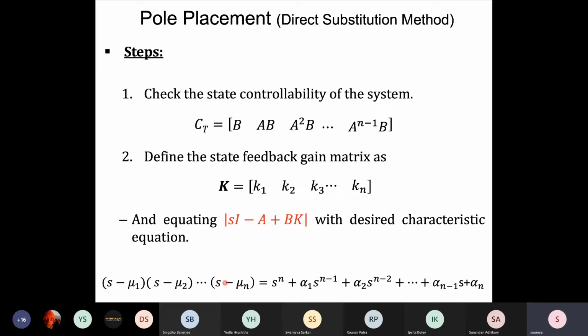So in that way, you can equate both sides. First you write the desired pole locations, you get this left hand side, and you expand it. What you are going to get is an nth degree polynomial with coefficients alpha 1, alpha 2 up to alpha n.